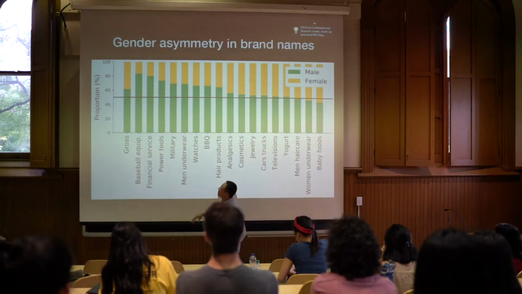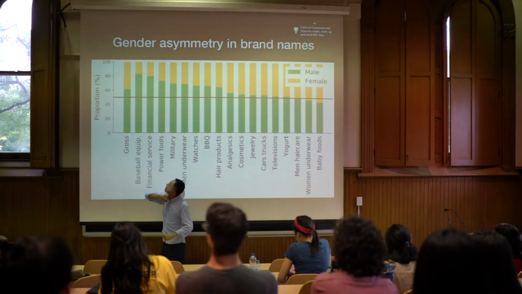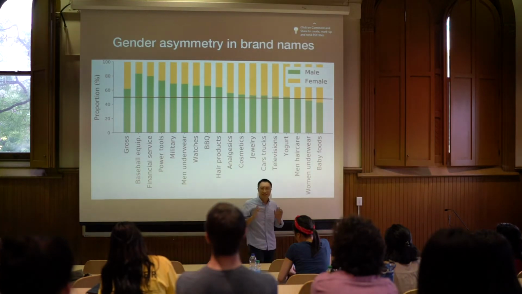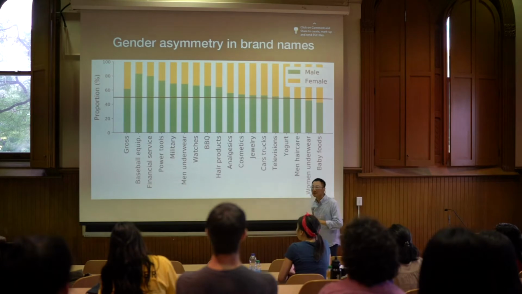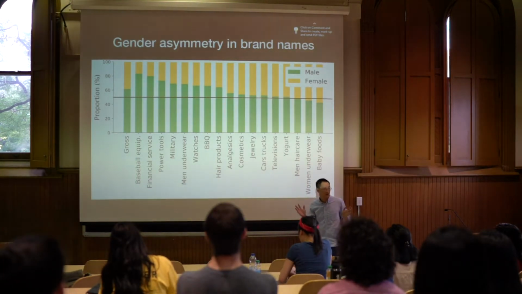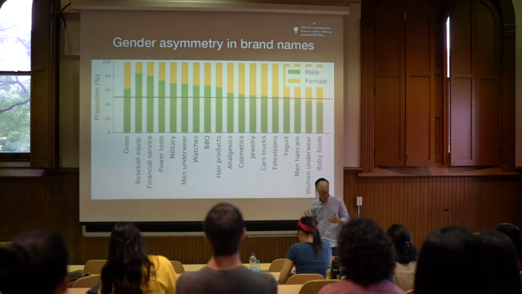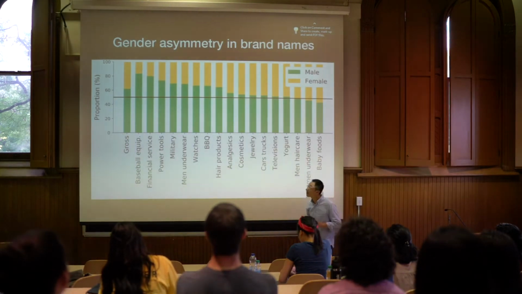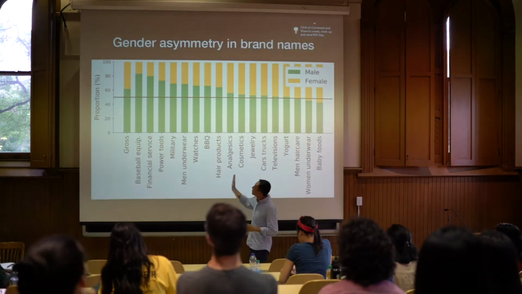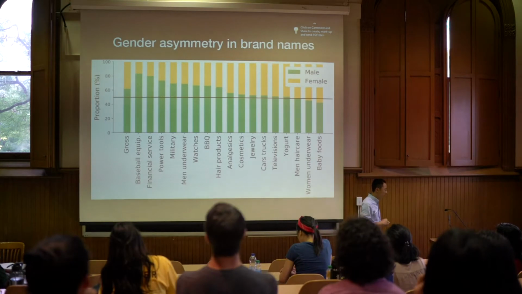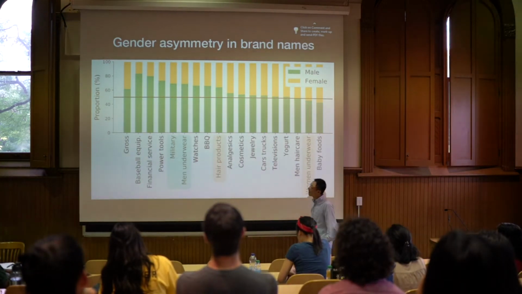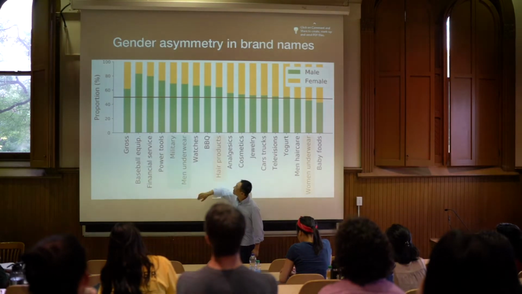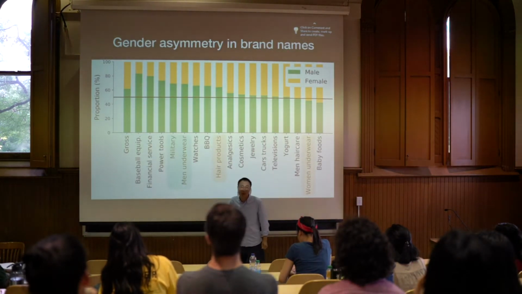First of all, if you look at names across all product categories, 60% of them are male versus 40% female. So at the gross level, there seems to be a preference towards male names for some reason that we're still trying to figure out. But if you look at individual product categories, some of these are not surprising, but some are quite surprising. The ones highlighted in green are not surprising: these are military and men's underwear brands.